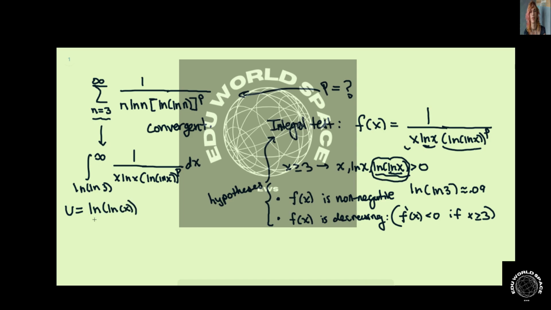Because if we do this, the term here in the bottom just becomes u to the p. And also, if you take the differential here and use the chain rule, then you get the remaining part of the integrand.